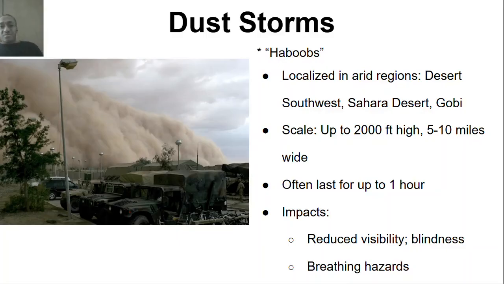Dust storms are mainly localized in desert regions, for example, the desert southwest in the United States, along with the Sahara Desert or the Gobi Desert in northeast China. A typical dust storm can get up to about 2,000 feet high and stretch as long as 5 to 10 miles. They often last for up to an hour, depending on how strong the winds are.